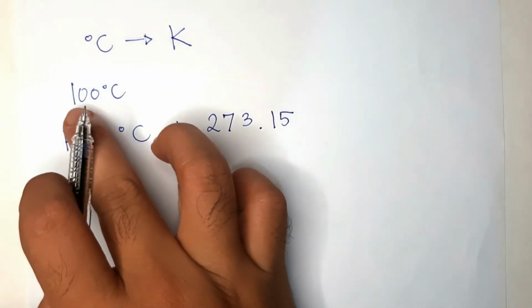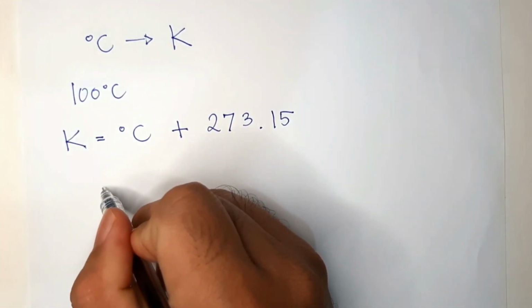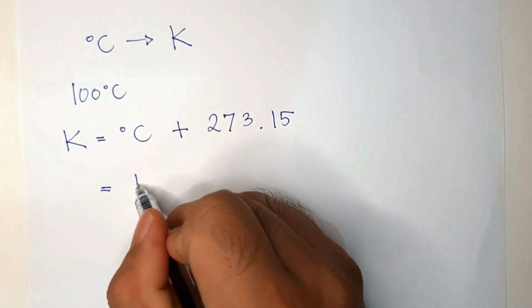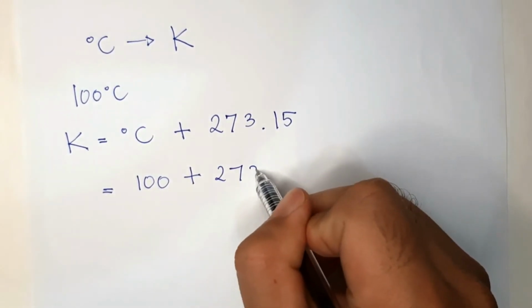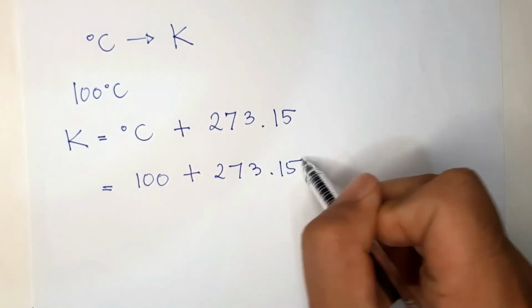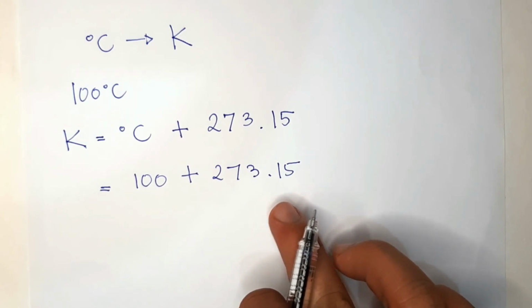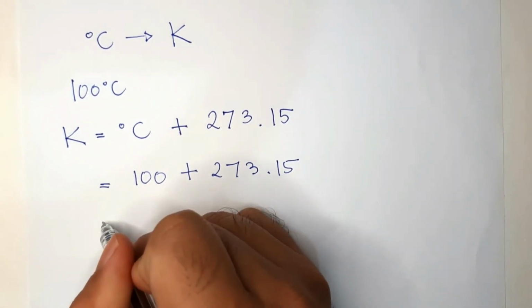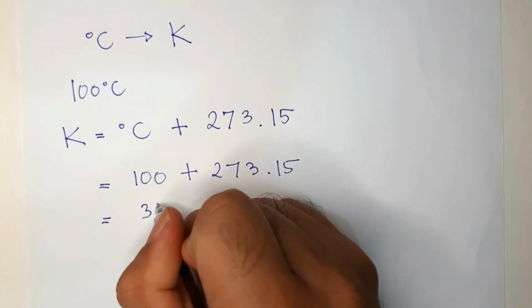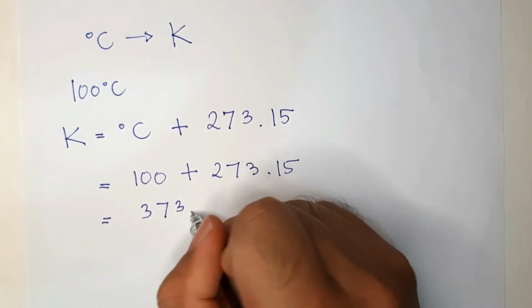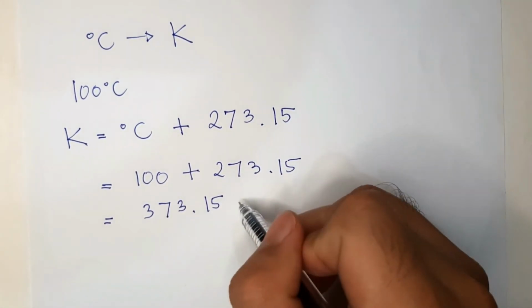So we just plug in 100 here. So 100 plus 273.15 is 373.15 Kelvin.